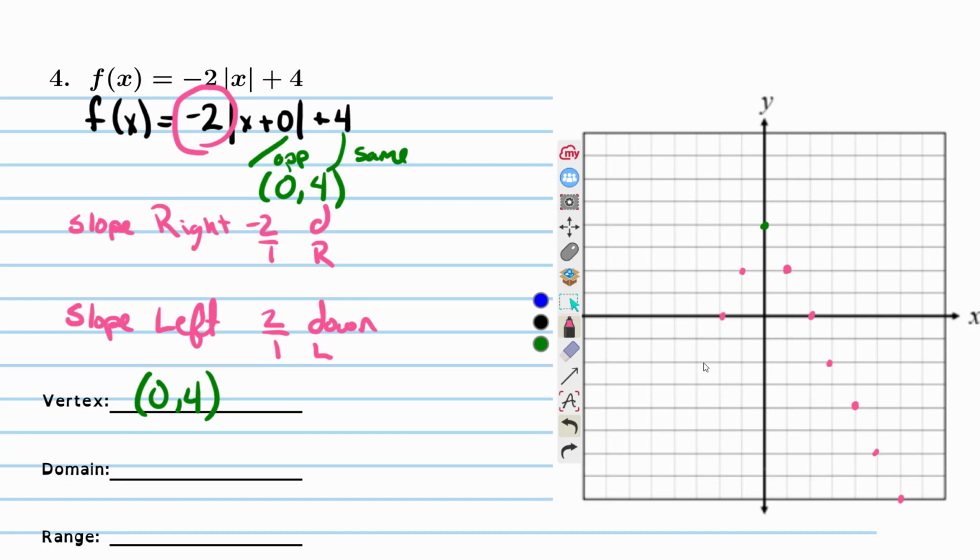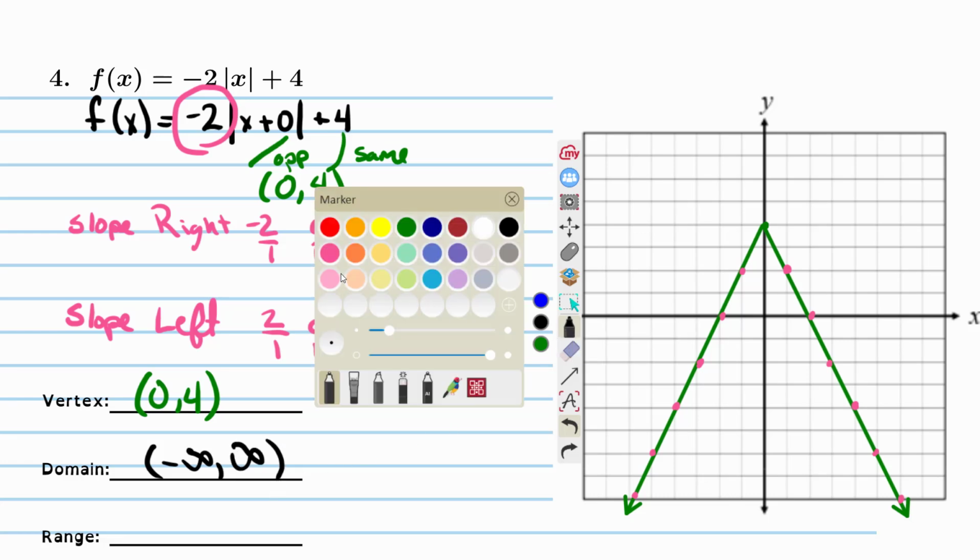And then down to left 1, until I run out of graph. And then drawing my line. So my line going to the left, and my line going to the right. So negative infinity to positive infinity because I have an arrow on both sides.